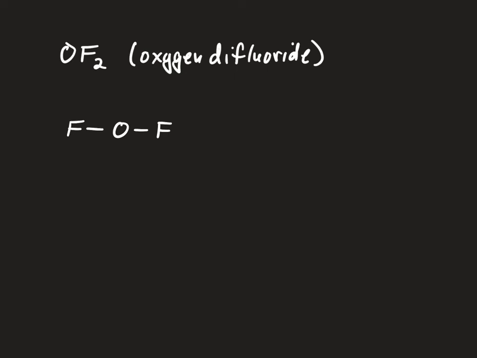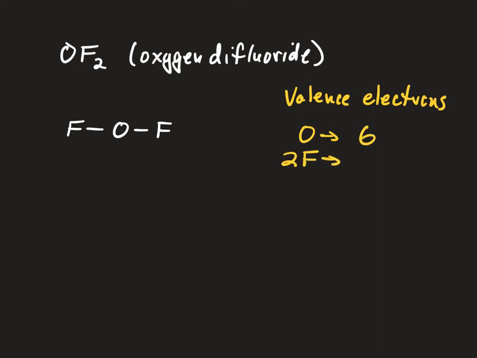So there is our initial connected structure. Now we're going to add up our valence electrons. Oxygen has 6. The 2 fluorines, each fluorine has 7, so that's 14. Gives us a total of 20.